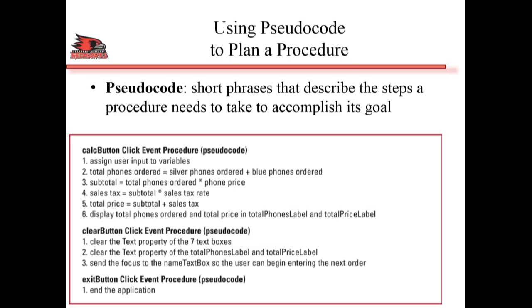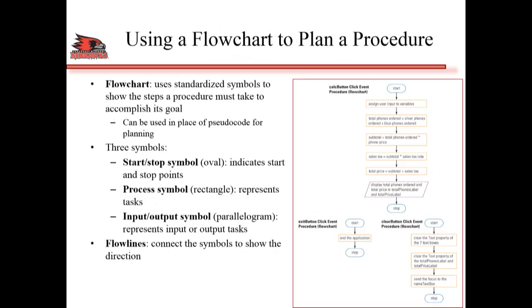Total price is subtotal plus sales tax. Then you display the total phone orders in a label and the total price in the total price label, and so on. So it's a set of statements identifying what we are going to code, and that's one way of laying out your plan for writing your code.